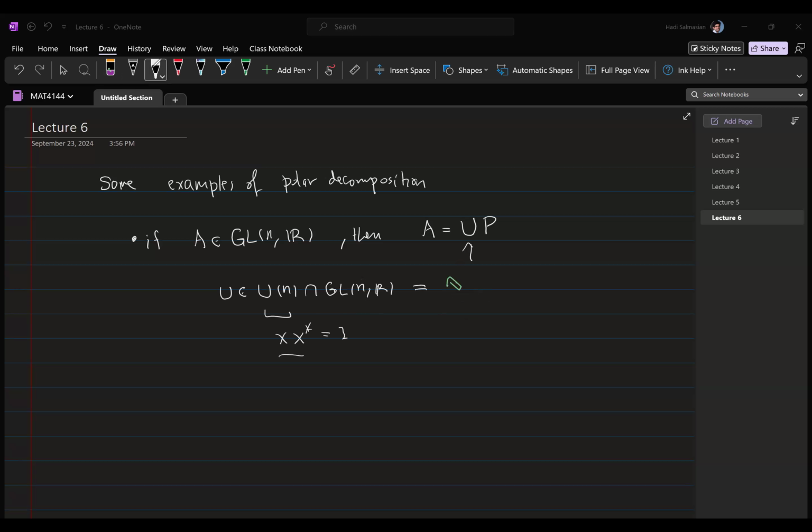Oops. Let me see what happened with my colors here. Right, here's the thing.